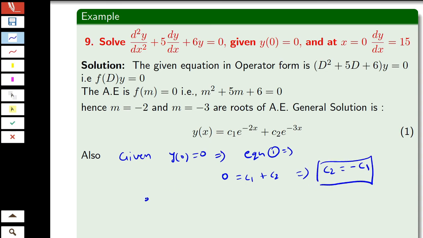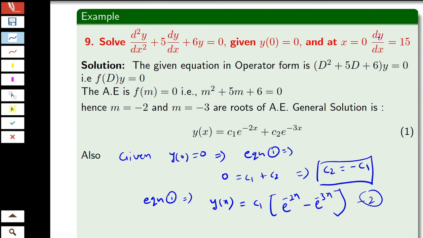Then equation 1 implies y(x) = c1 e^(−2x) − c1 e^(−3x), so c1 you can take common.